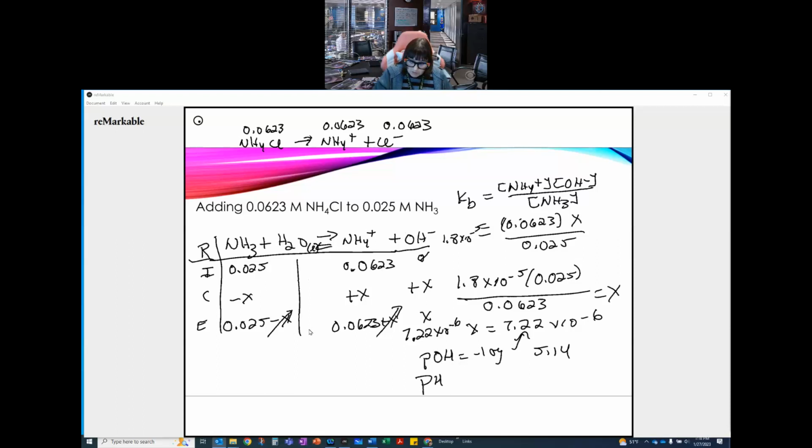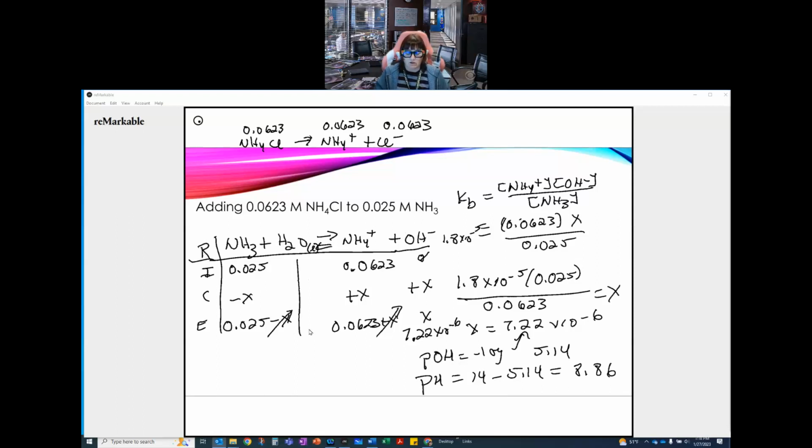And so if I need a pH, that'd be 14 minus the 5.14. And that gives me 8.86, which makes sense to me. It's a basic solution, so I would expect it to have a high pH. Okay, so that's what I've been asked to do. I have solved for the concentration of the OH minus. How does it change that having both of those things there?